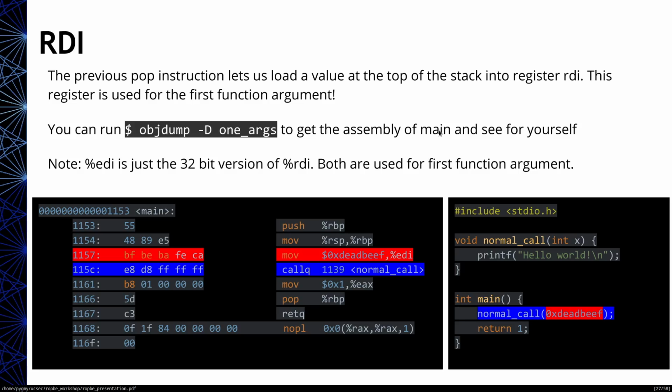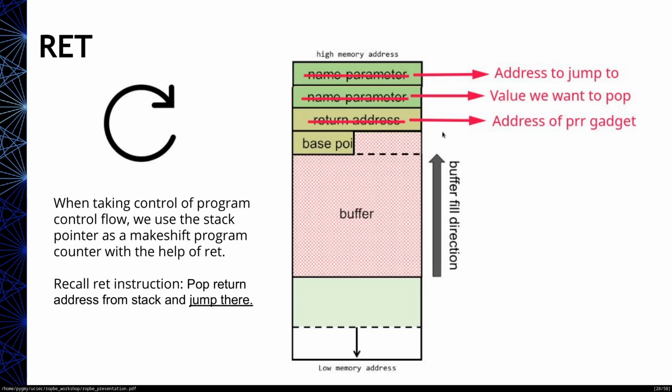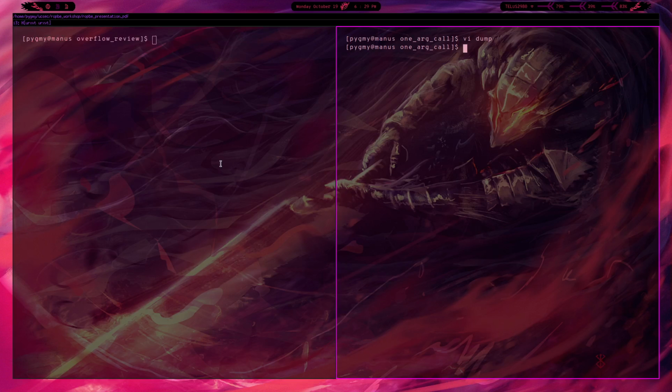So that's why the pop RDI portion of the gadget is very important. Now for the ret, when taking control of the program control flow, we want to use the stack pointer as almost a makeshift program counter with the help of the return. If you remember, a program counter basically just points to which instruction we are currently looking at.